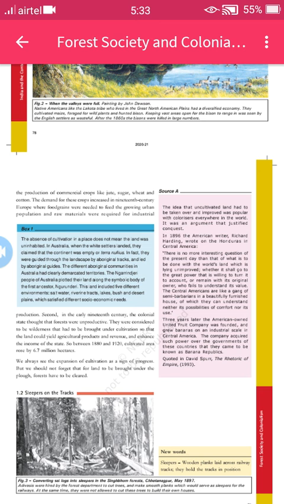And to make railway lines, sleepers were essential to hold the tracks together. Each mile of railway required 1760 to 2000 sleepers.